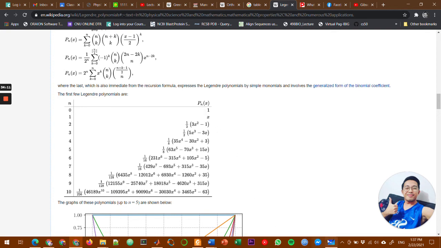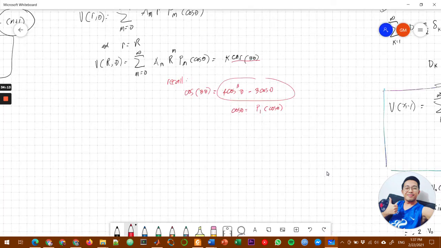So, that would mean 1 half 5 cosine cube theta minus 3 cosine theta equals P3. Okay, I hope na-follow ra. And I will simplify this one. Nga dapat ang mabilin diri is cosine cube na lang. So that's cosine cube theta.